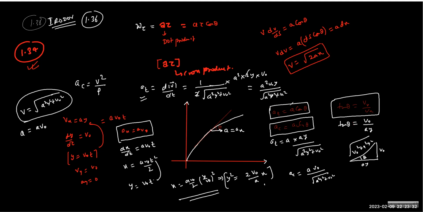So I think we have missed something here. Cos theta is how much? Something I missed maybe, because I have to differentiate with time. Still going to dy by dt, which is V naught.